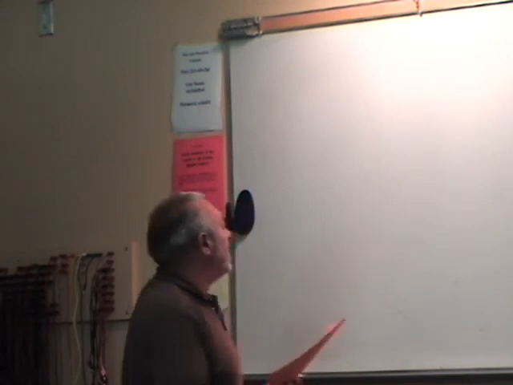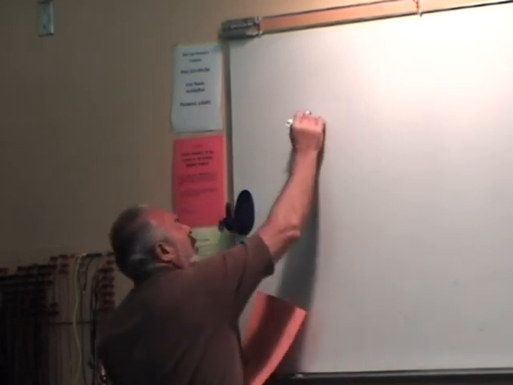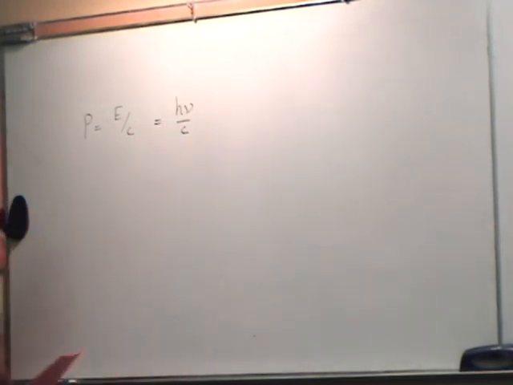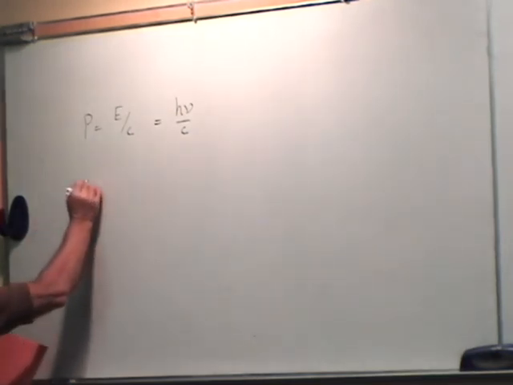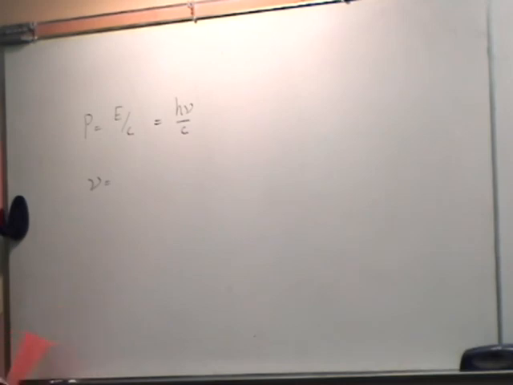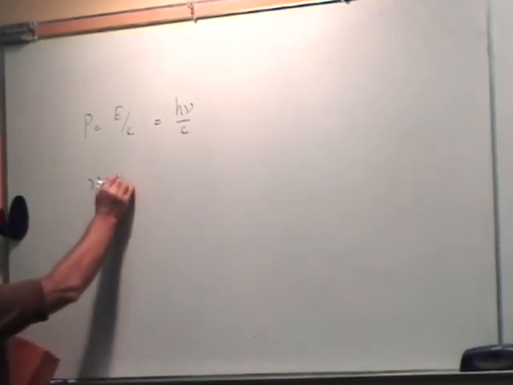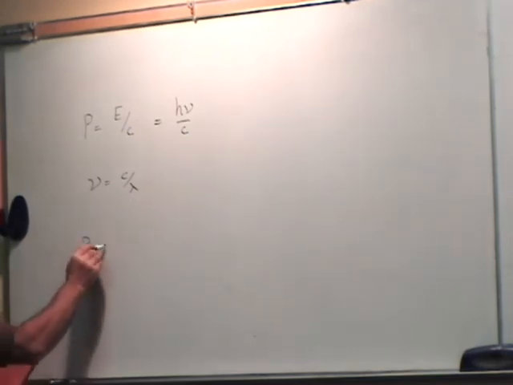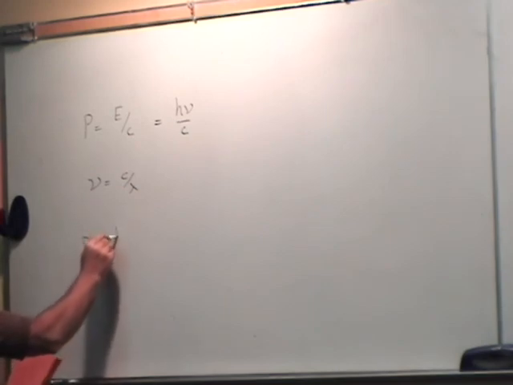So, in those early days then, the momentum of a photon, which of course is the energy of the photon divided by c, remember it's the quote massless particle, could certainly be written as h nu over c. So there's the momentum. But the frequency of the photon is easily written down as the speed of light divided by lambda according to wave theory like that. So our new momentum then is going to be simply h over lambda.